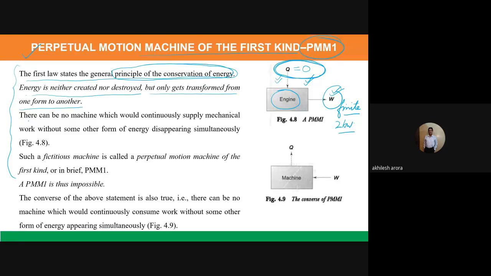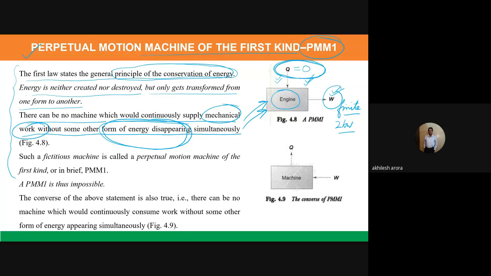Then it says there can be no machine which would continuously supply mechanical work without some other form of energy disappearing simultaneously. So this is what is happening in this particular case. No form of energy is disappearing, but we are getting mechanical work continuously from this machine. So it is not possible.